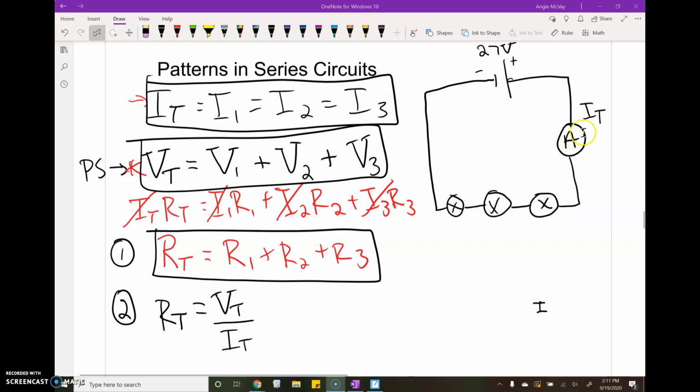Okay, here's our ammeter, and just by convention, the ammeter is always drawn directly next to the positive terminal of the power supply. And I think what you guys found was that the voltage across the power supply, if you had 3 light bulbs, had to be 27 volts or thereabout, because the voltage across each of these light bulbs was 9 volts, right?